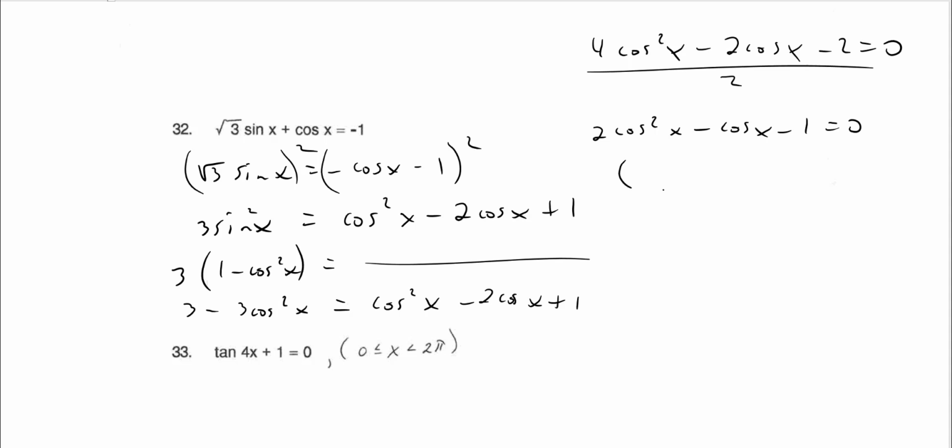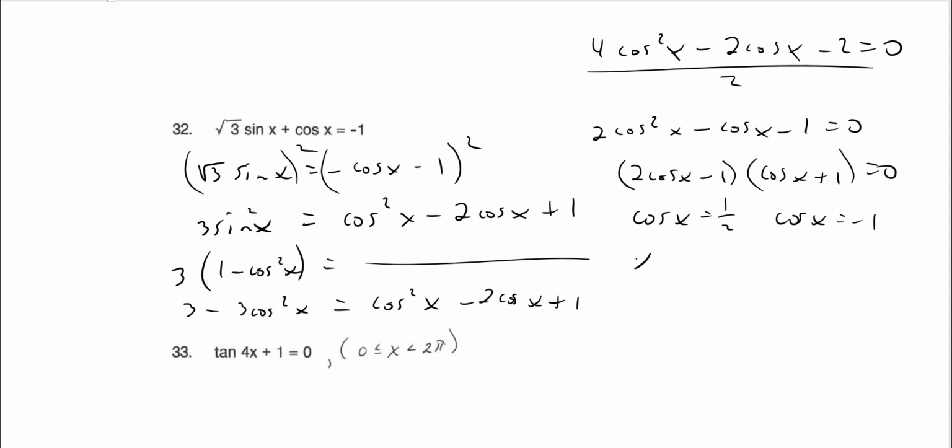And if I factor that, I get 2 cosine of x minus 1 and cosine of x plus 1 equals 0. So cosine of x equals 1/2 and cosine of x equals negative 1. So for this one, x is 60 degrees and 300. You guys should be able to do that.